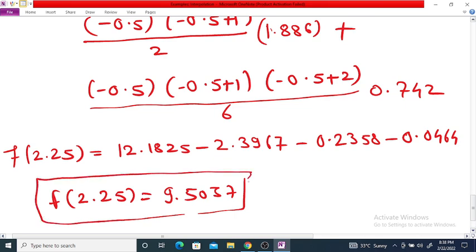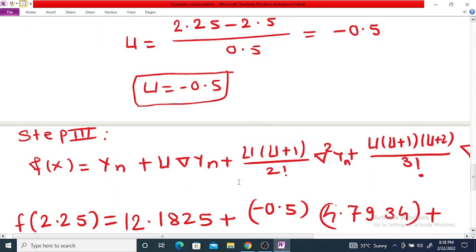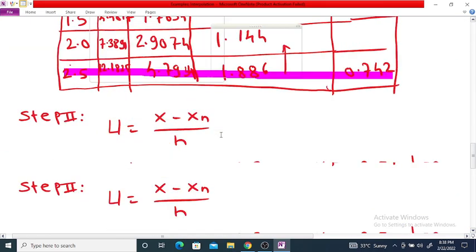So this is the value of y at x equal to 2.25 using the Newton backward interpolation formula.